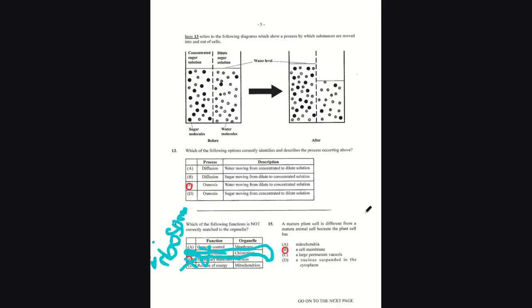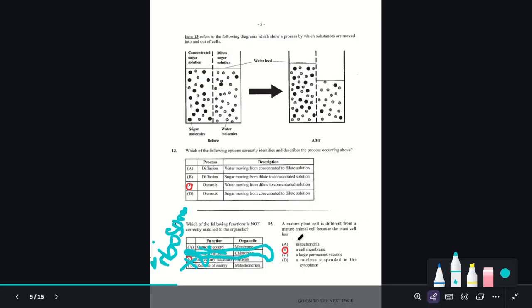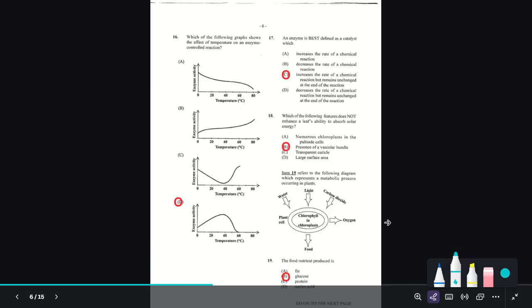A mature plant cell is different from a mature animal cell because a plant cell has A, mitochondria, B, a cell membrane, C, a large permanent vacuole, or D, nucleus suspended in the cytoplasm. So the answer would be it has a large permanent vacuole. That would be the answer to number 15.